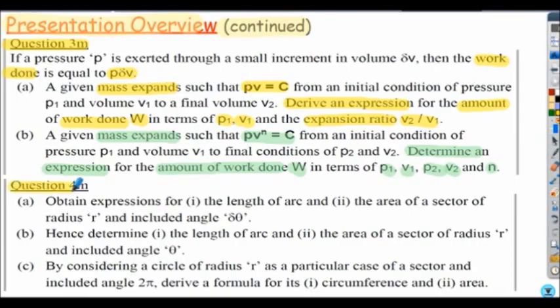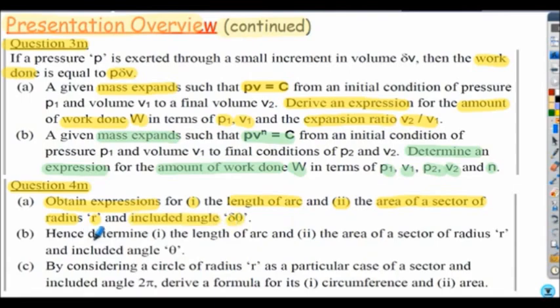And then finally, question 4m. The first part, we've got to obtain the expression for the length of an arc and also for the area of a sector having a radius of r and included or subtended angle d theta.